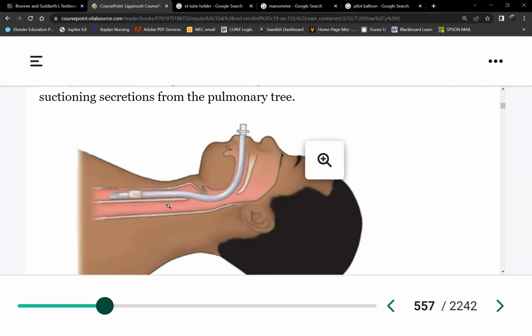Is there a resistance posed by the lungs as the ventilator delivers the breath? Yes, because the lungs have no hole in them. It's like a plastic bag. If you push a breath into it, will there be resistance? Yes, there is a resistance.